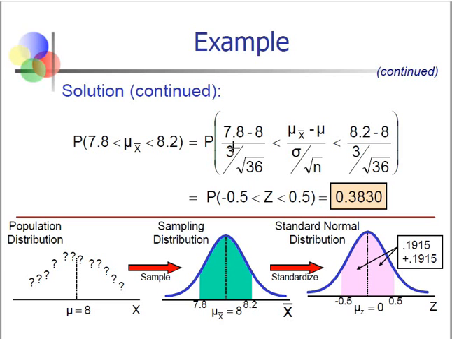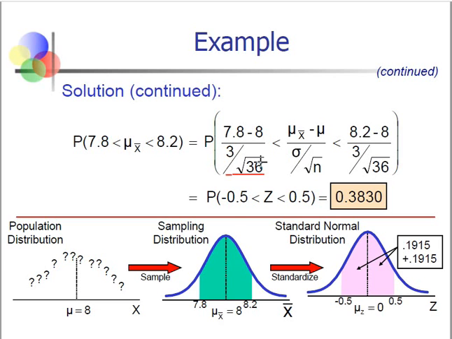The standard error is just 3 over the square root of 36. That is also our standard error down there, and here the value was 8.2 and there we have 7.8.